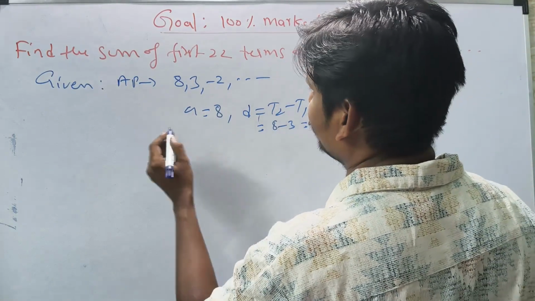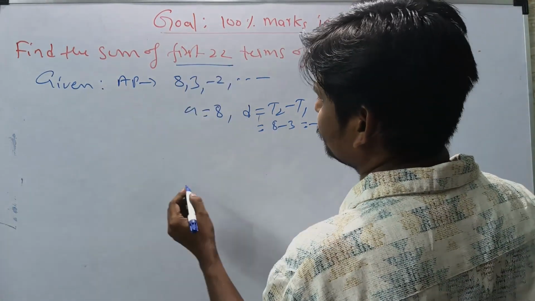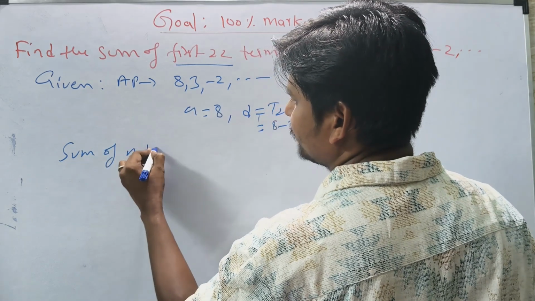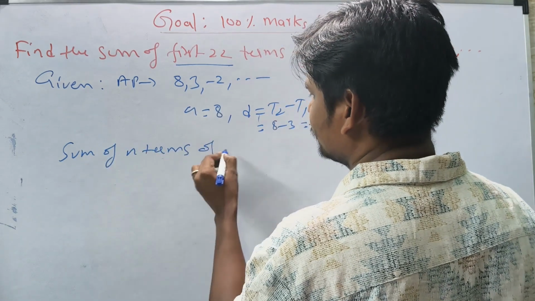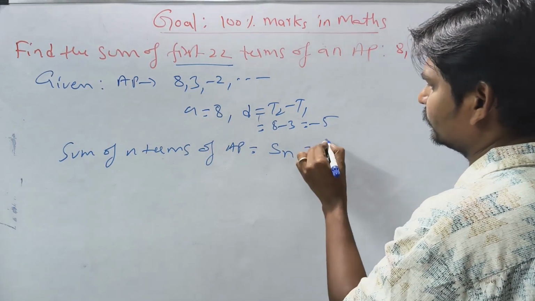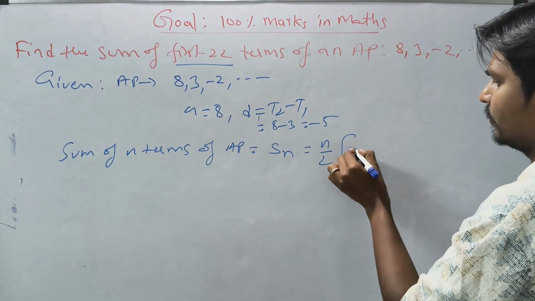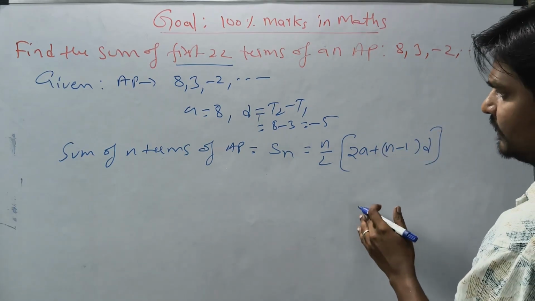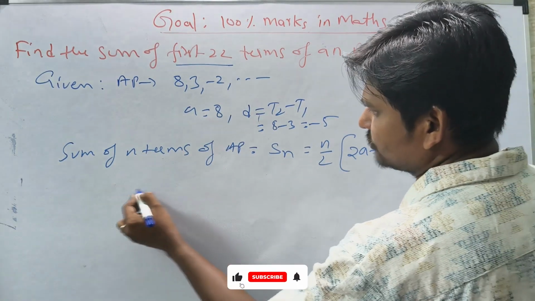Now we have to find the first 22 terms. The sum of n terms of an AP, the formula is Sn is equal to n by 2 into 2a plus n minus 1 into d. Correct? From this we have to find S22.